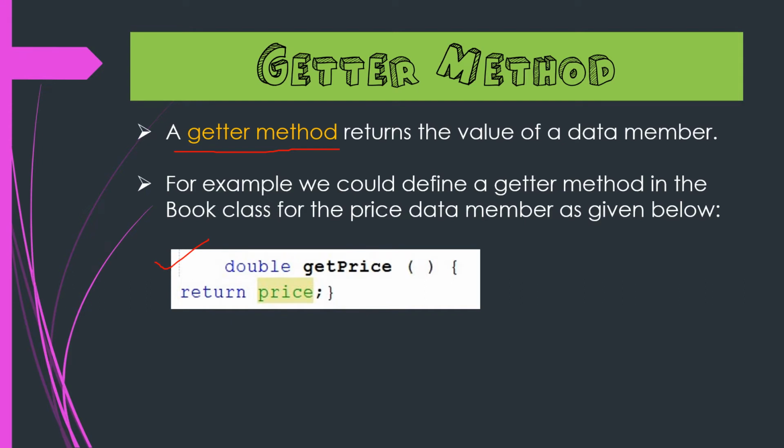We know that there was a data member price, so we want to define a getter method for it. That is why we are writing this code. First of all we have written the data type, and after it we have used the getter method. Then you can see we have also used the keyword return because we want a return type value, so that is why we have used it. So this was the getter method.